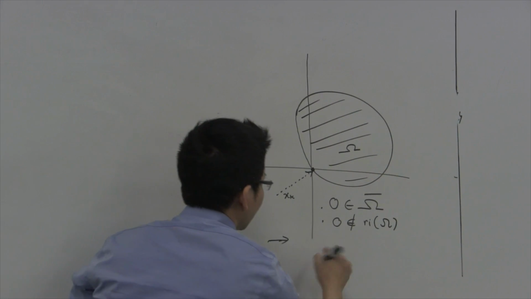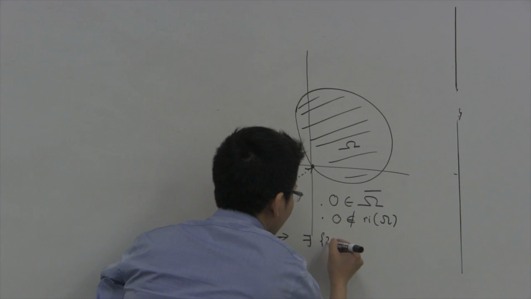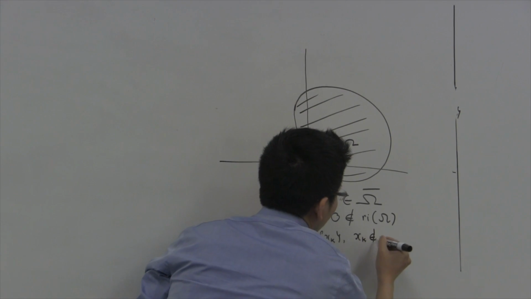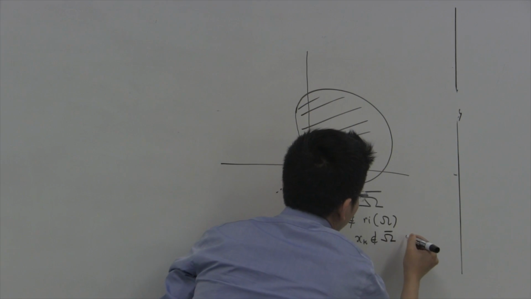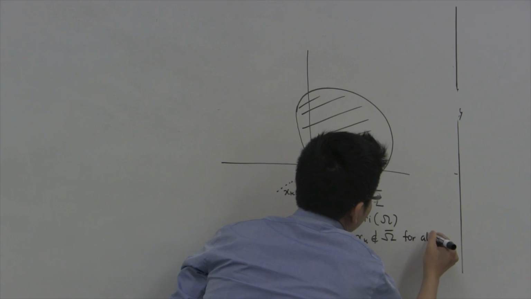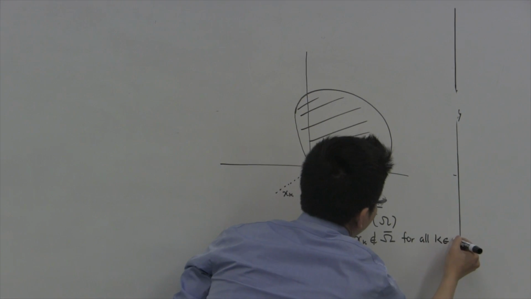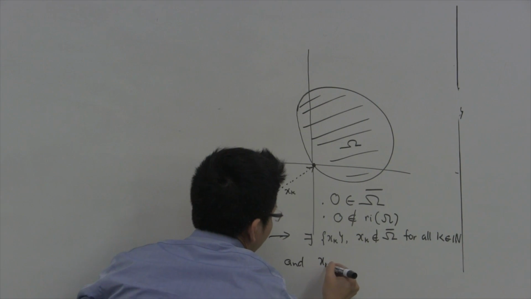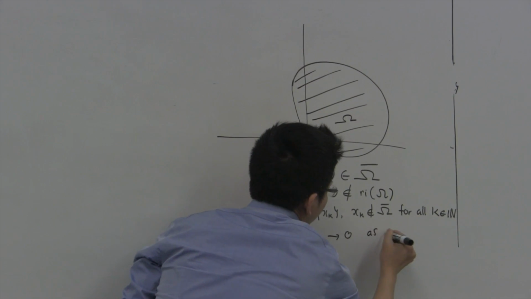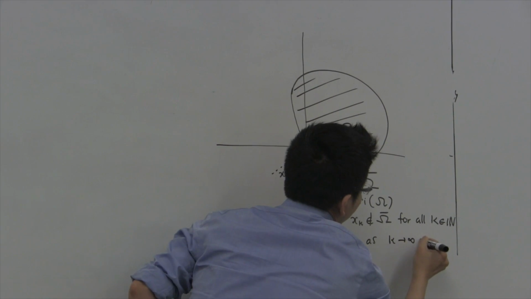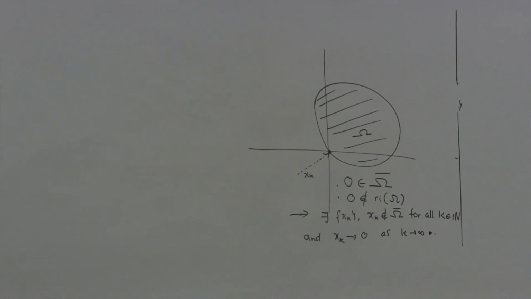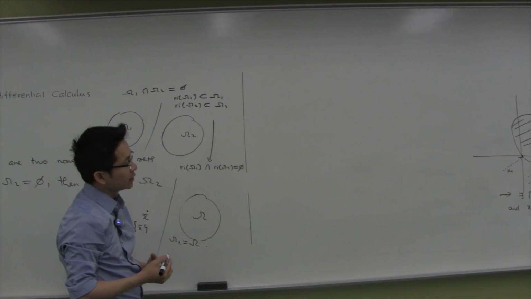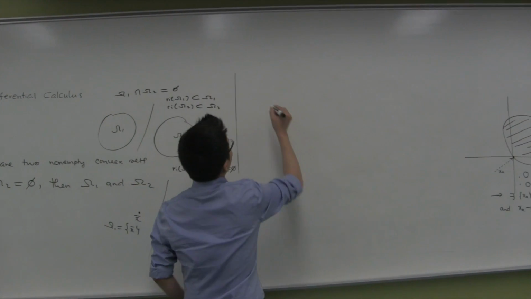So there exists a sequence xk such that xk doesn't belong to the closure of omega for all k in N, and xk converges to 0 as k converges to infinity. Okay? So let me go ahead and formalize the theorem and give the proof.